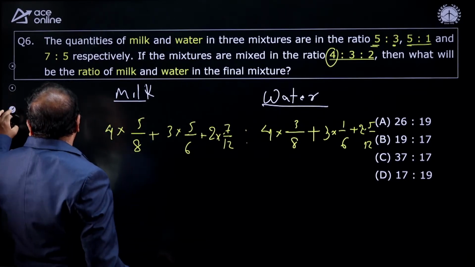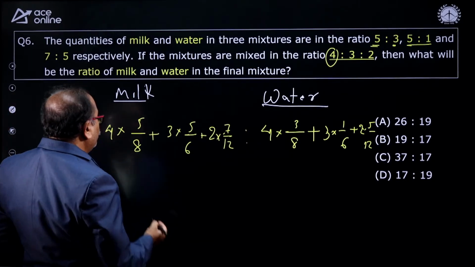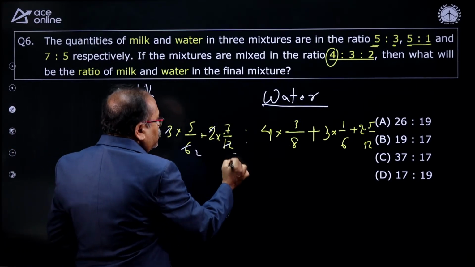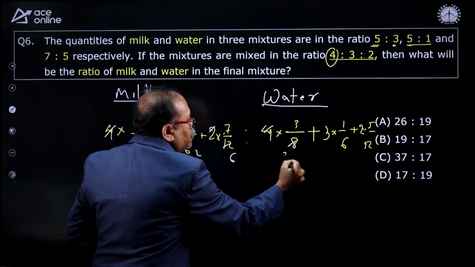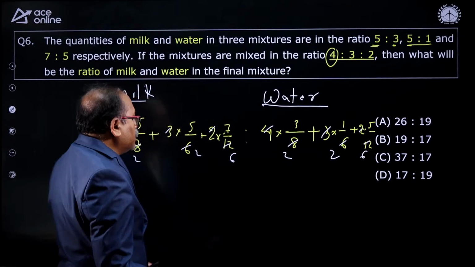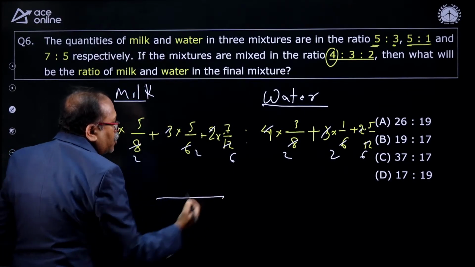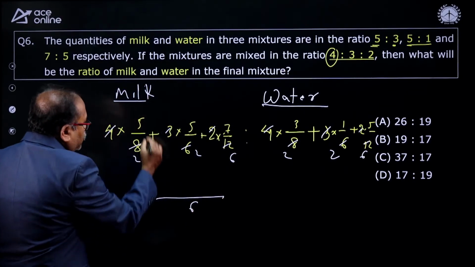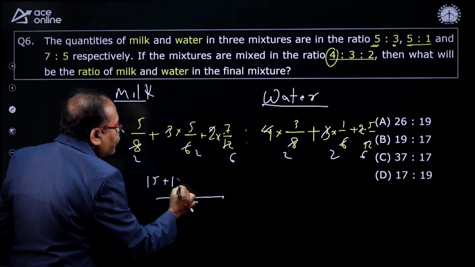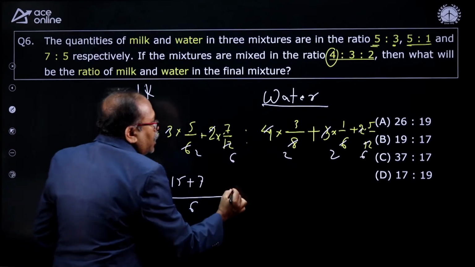So let's do it together. How do I get this one? This gets cancelled 2 times. This gets cancelled 2 times. This is 6 times. This is 2 times over here, 6 times over here. I can see that the LCM of these numbers is 6. Then 3 into 5 is 15 plus 7 into 2.